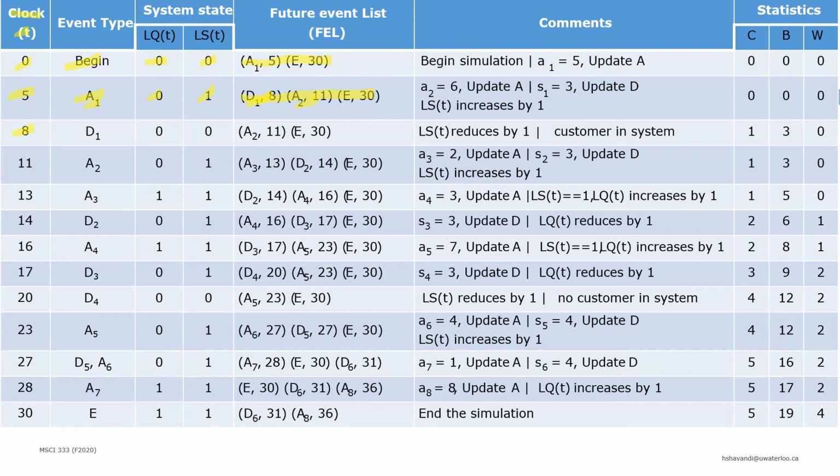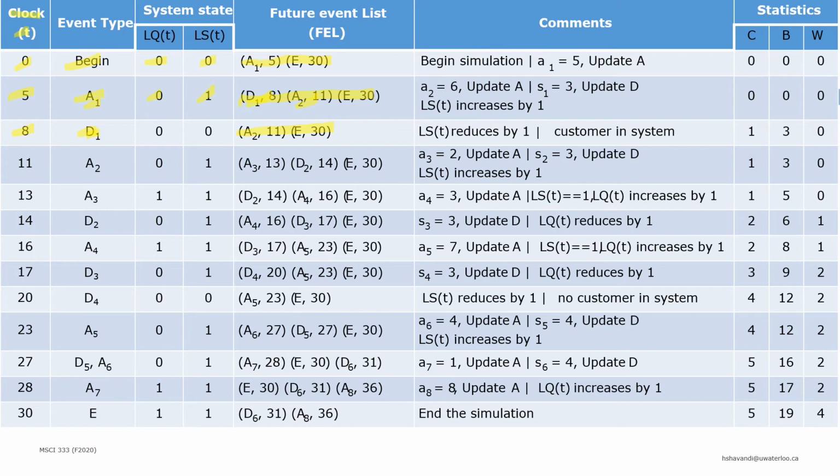The event type, the time of the imminent event, is a departure. There is no one in the line, so there will be no activity after this event. Because of that, we remove this event from the future event list. So at time 8 we have 2 events in the future event list: arrival of the second customer at time 11 and end of simulation at time 30.